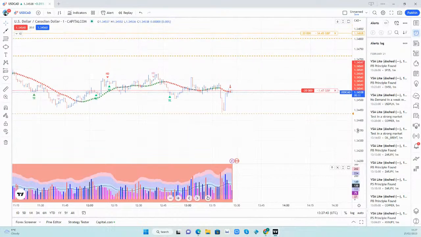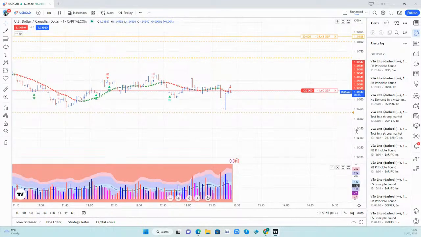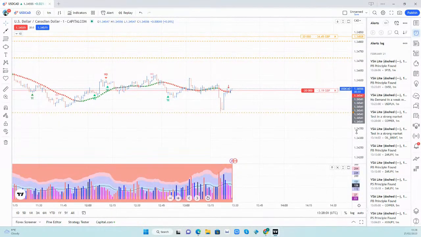Now what I'm going to do, I'm just going to narrow it for a bit because I want to be fast on this when the news happens, because there's going to be a bit of volatility and I want to be able to chase it when I can and try to maximize, because it might shoot up and then come back down, or it might go down and then come up, but majority of the principles I'm seeing is weakness.